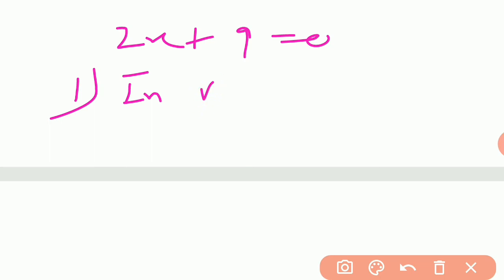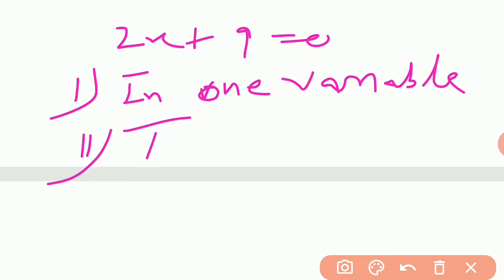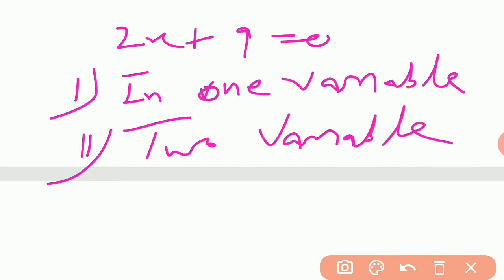Suppose a question: draw the geometrical representation of 2x plus 9 equal to 0 as an equation in one variable, and second in two variables.